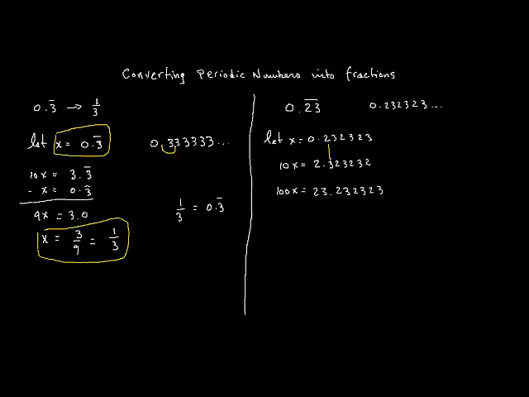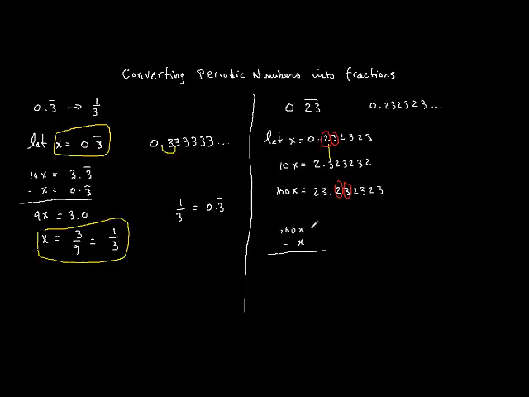23.232323. Now if I take a look at my 100x and my x, I notice that the 2 and this 2 line up, this 3 and this 3 line up, and therefore all the other numbers afterwards also line up perfectly. So if I subtract them, the decimal part will vanish. So let's subtract 100x and x.